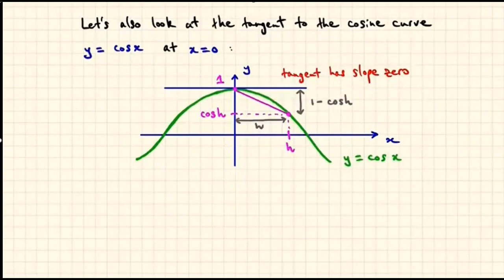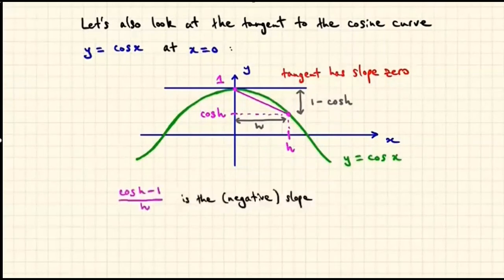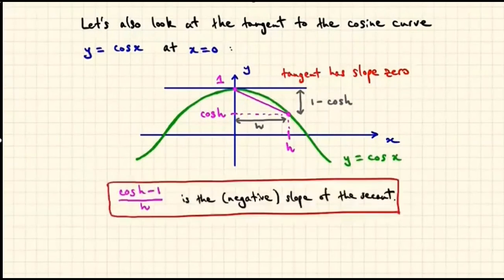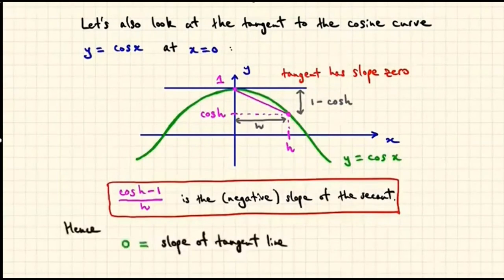we get the negative slope of the secant. We have 0 being the slope of the tangent line, which is also the limit as h goes to 0 of the slopes of the secant.